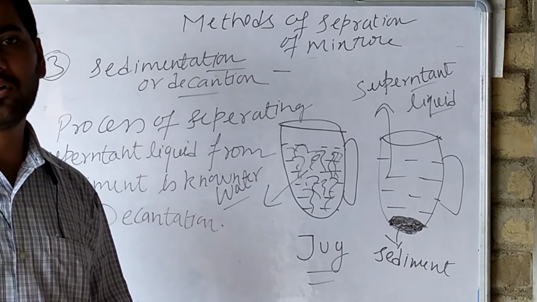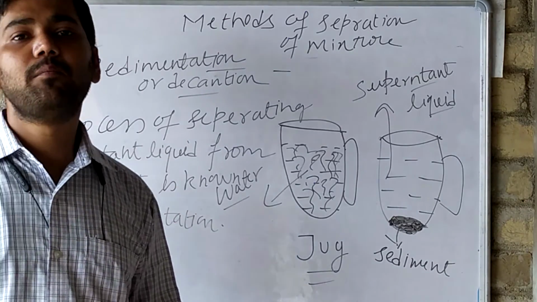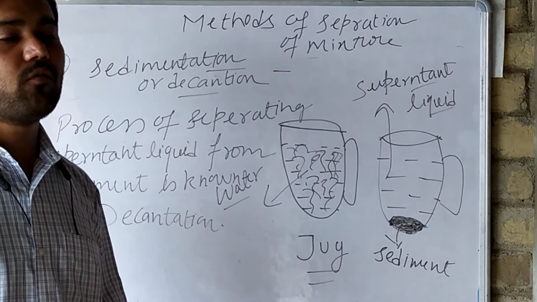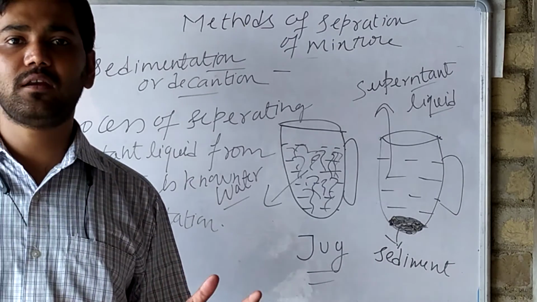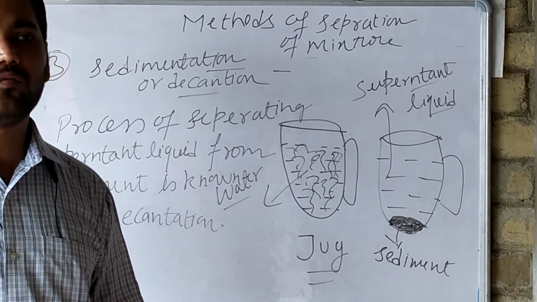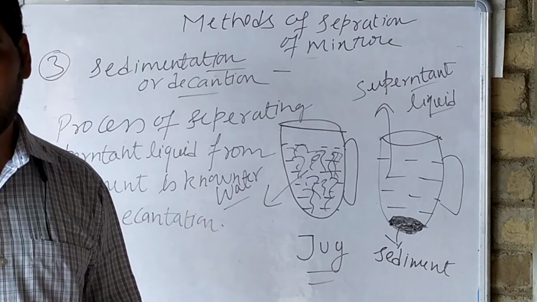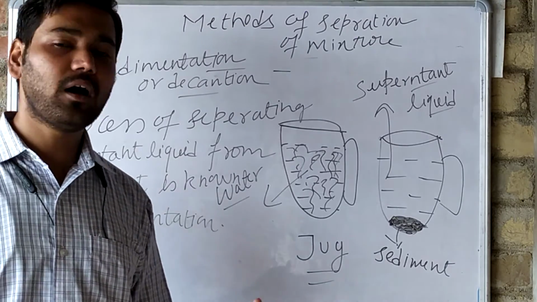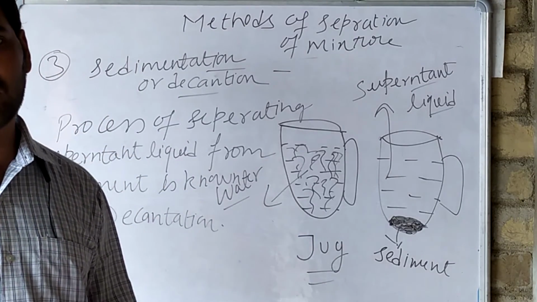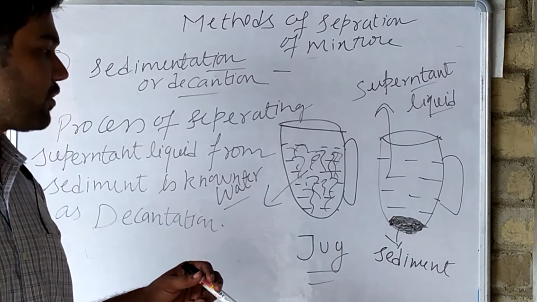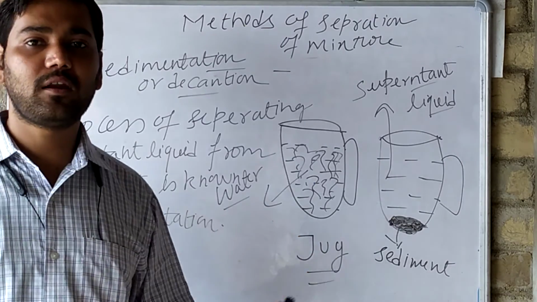Second, we have studied about magnetic separation. I have explained that we have a china dish, a container, on which a mixture of sulfur and iron particles, iron filings, is added. Now we take a bar magnet and place it in the china dish containing the mixture of sulfur and iron particles.